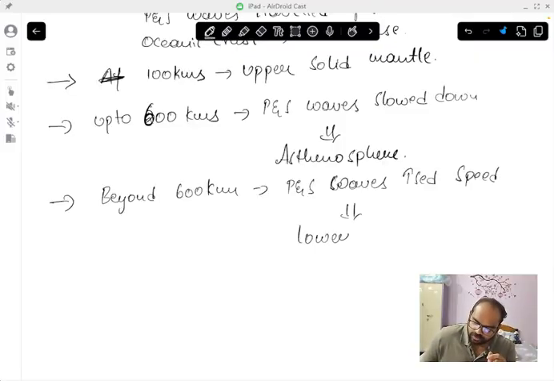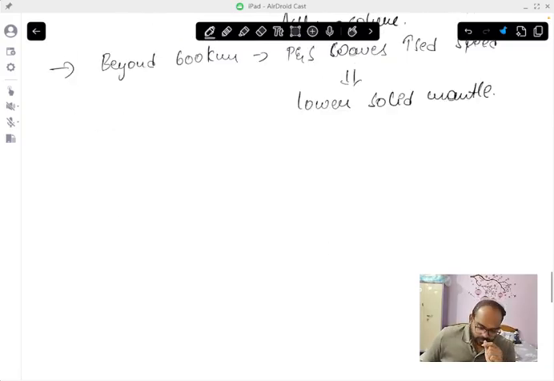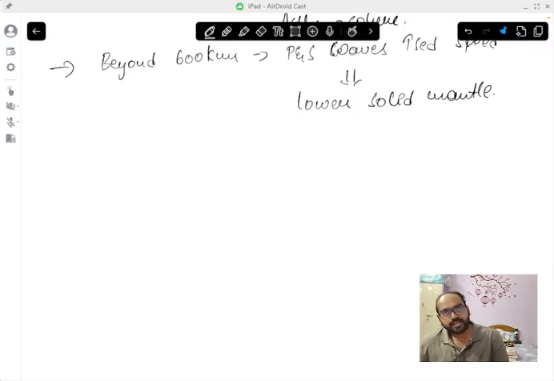Beyond 600 kilometers there is lower solid mantle, because the speed of P and S waves increases, indicating the lower solid mantle.